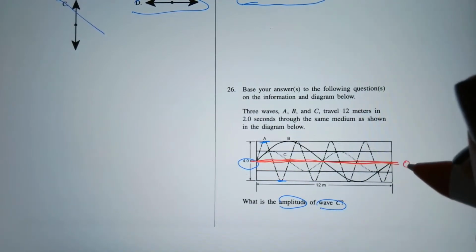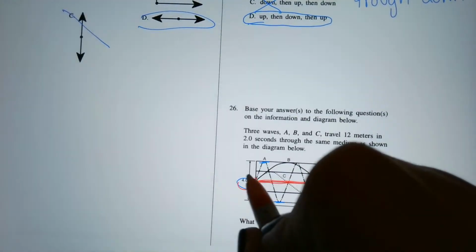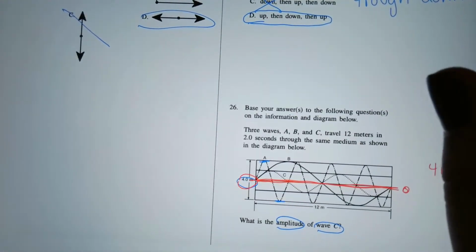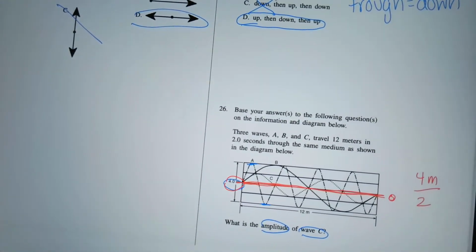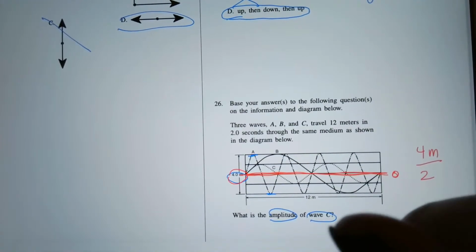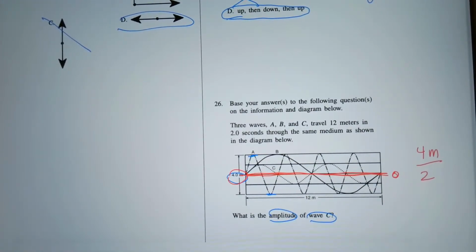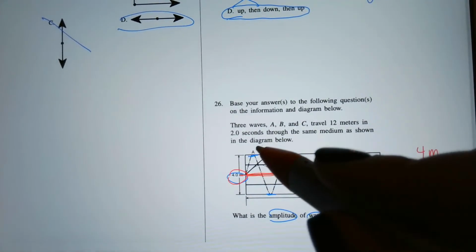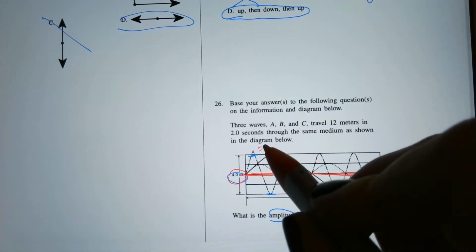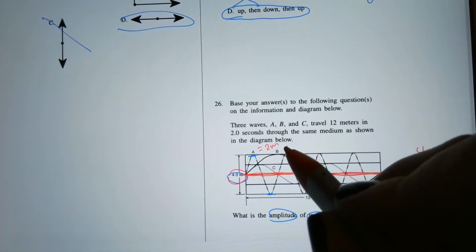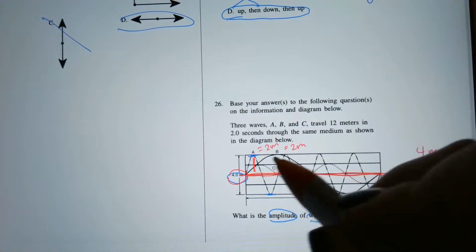This would be 0. So you're going to take this distance of 4 meters and divide by 2 because you're cutting it in half when we add the origin line. That means the amplitude of A would be 2 meters. The amplitude of B is also 2 meters because notice how it goes from here to here.